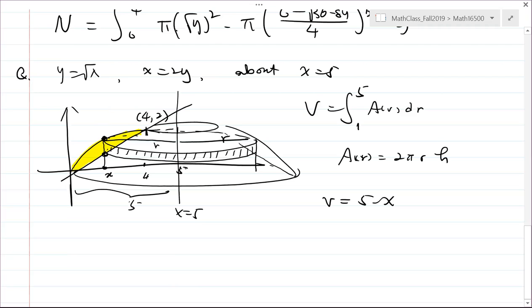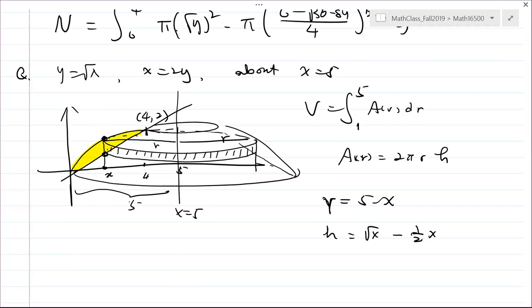What is the h? h is the difference of 2 y values. If you express it in the x variable, it's going to be square root of x minus half of x, because y equals half of x. Then it's up to you whether you're going to use the x variable or use r for the integral.